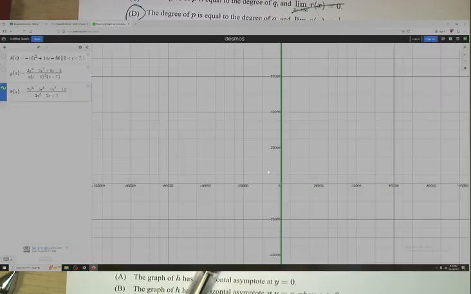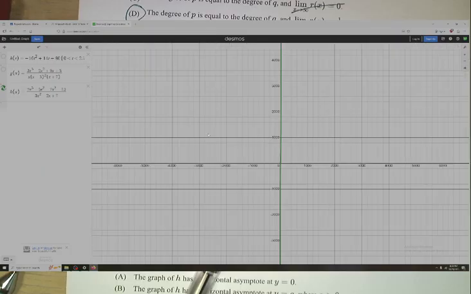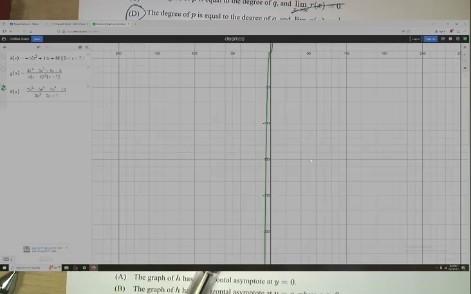Okay, and we can scroll out, find some end behavior here. Ugh.